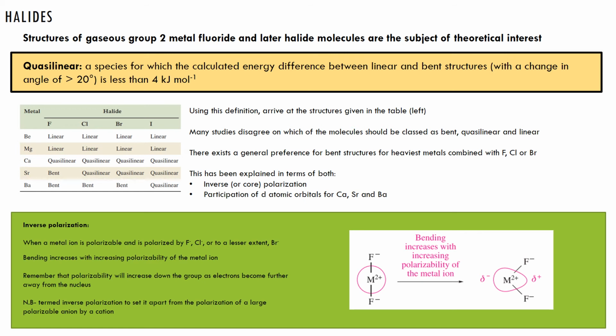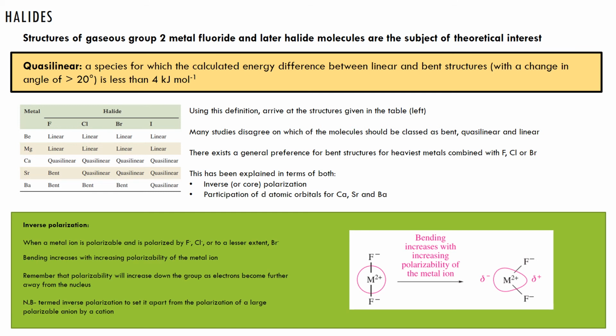So we'll deal with inverse polarization first. If you've got a metal ion and it is polarizable, then it will be polarized by something like a fluoride or a chloride anion. So what's happening here is that one of those fluoride ions is approaching a metal, and because of its large electron cloud, it's essentially forcing the electrons in the metal over to one side of the atom.